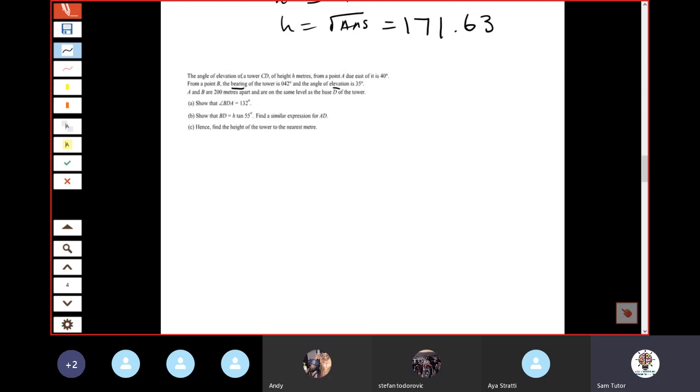Let's read it. The angle of elevation of a tower CD of height H from a point A due east of it is 40 degrees. Again, this one's due east. So the elevation is 40 degrees, and that's point A. From a point B, the bearing of the tower is 42 degrees, and the angle of elevation is 35 degrees.